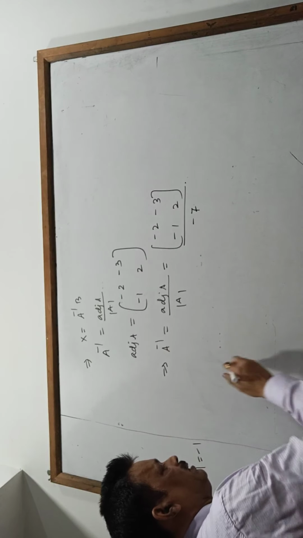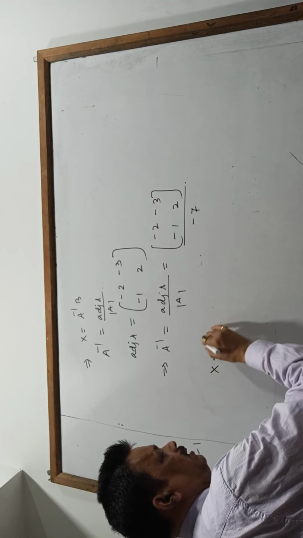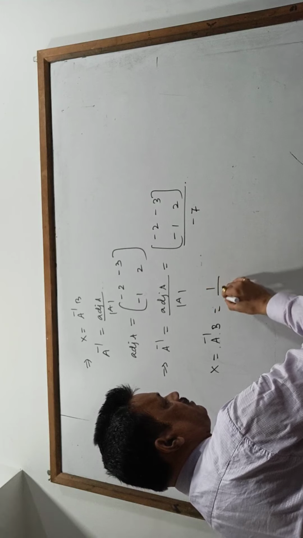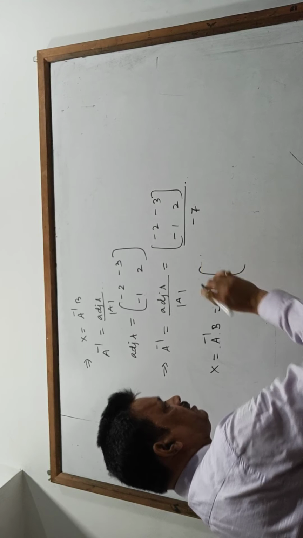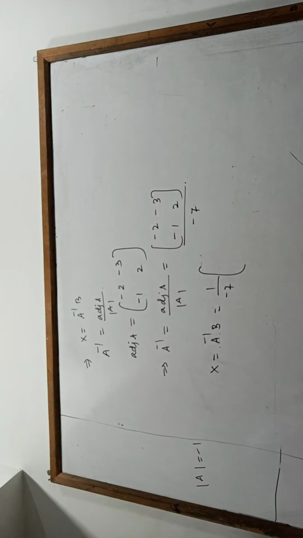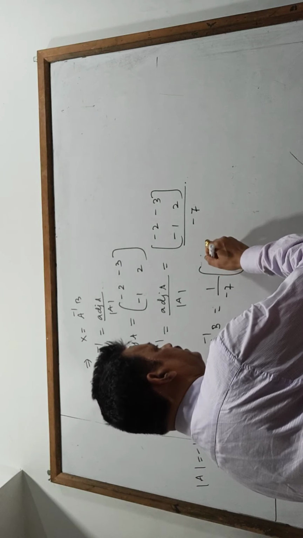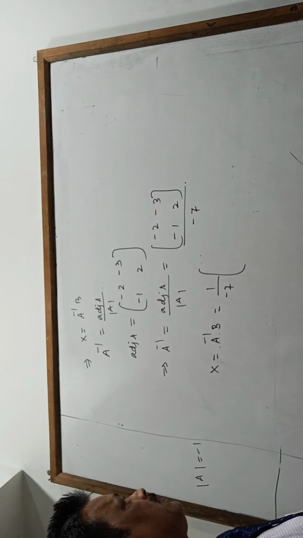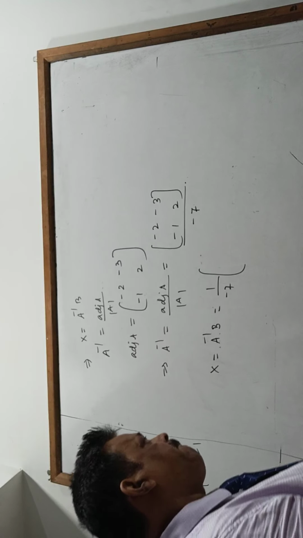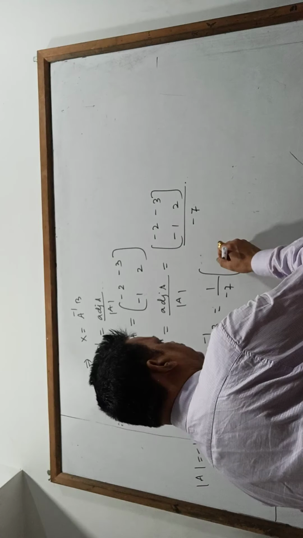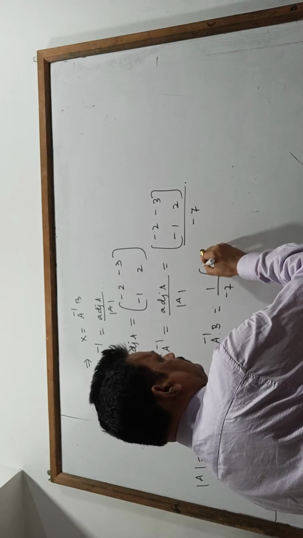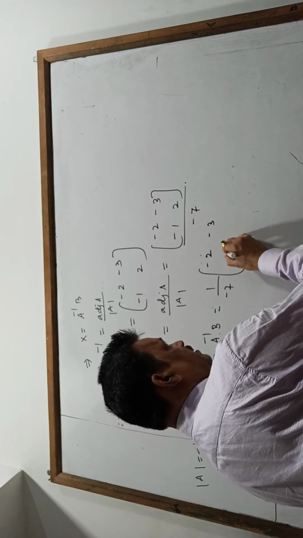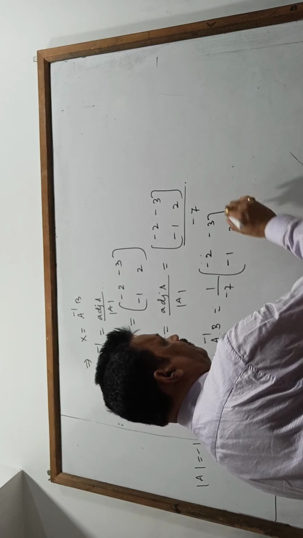Okay, then X equals to A inverse B. So A inverse is this. So let's write 1 by minus 7 outside, minus 2, minus 3, minus 1, 2.